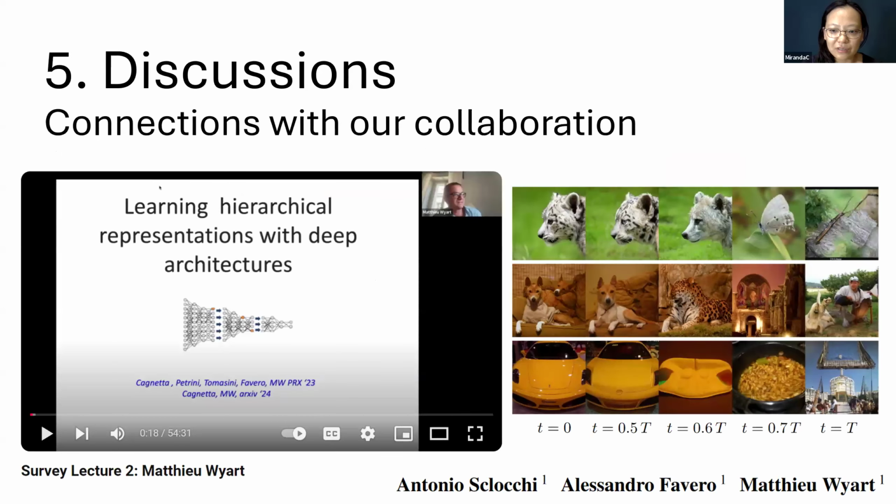I think, for instance, a very direct connection is with Mathieu's lecture a couple of weeks ago on learning hierarchical representations. More concretely, they also look at the phase transition that happens when you do these forward-backward experiments in diffusion models. Here, the question is when this phase transition happens in diffusion time.